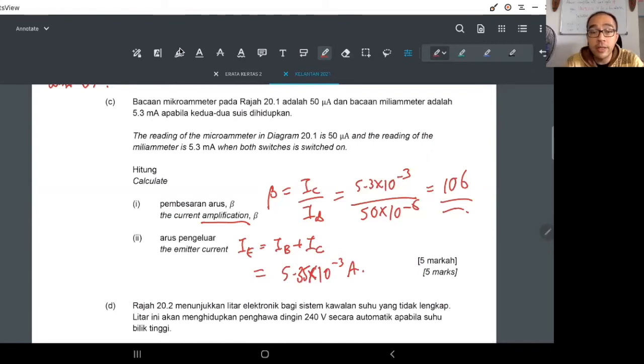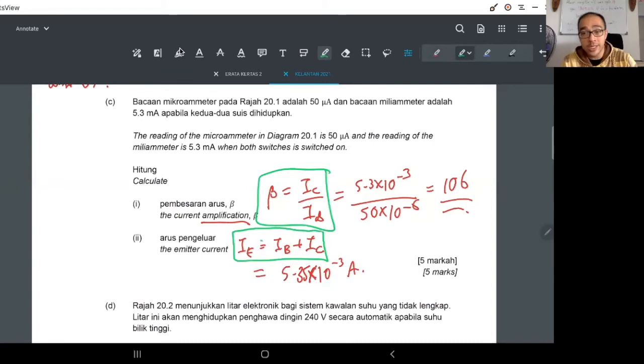Not so much difference compared to the collector current, which is already very big. Just to recap, these are the formulas involved when talking about the transistor, which is only two: the amplification, and the emitter current formula, which is IE equals IB plus IC.